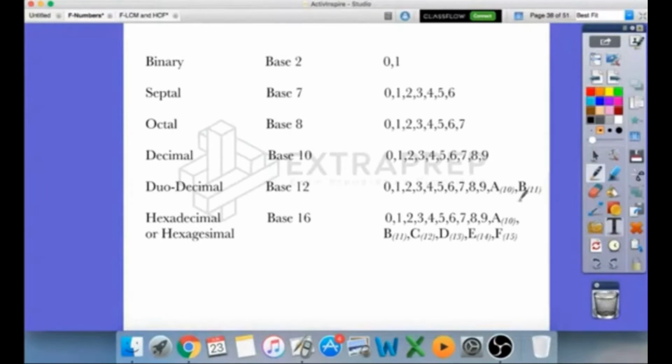Hexadecimal is base 16, and has 0 to 9 and A to F, 6 letters. The value of A is 10, B is 11, C is 12, D 13, E 14, and F 15. Base 16 ends at 15, base 12 ends at 11, base 10 ends at 9, base 8 ends at 7, base 7 ends at 6. It goes on like that.